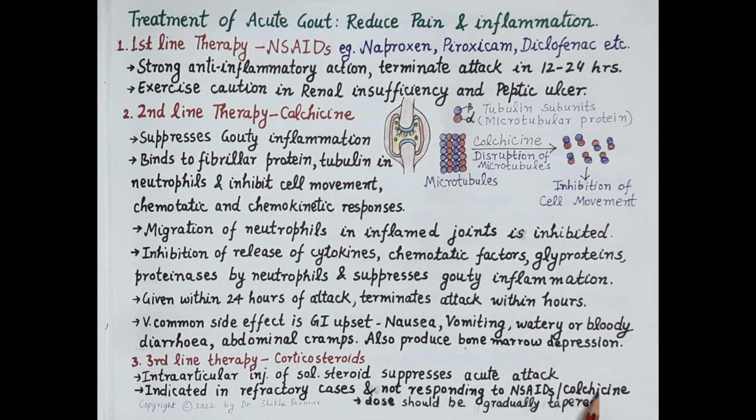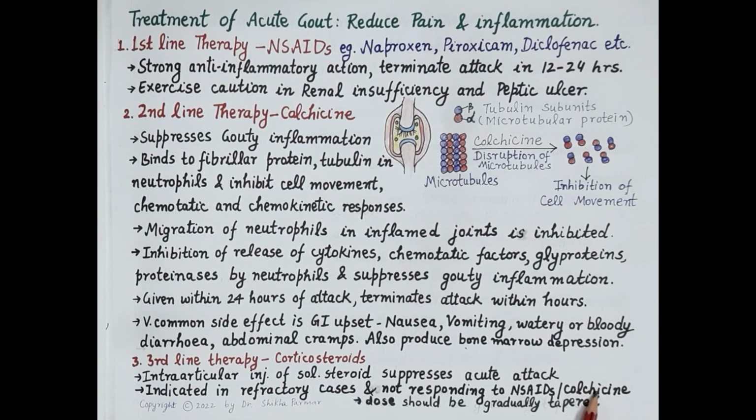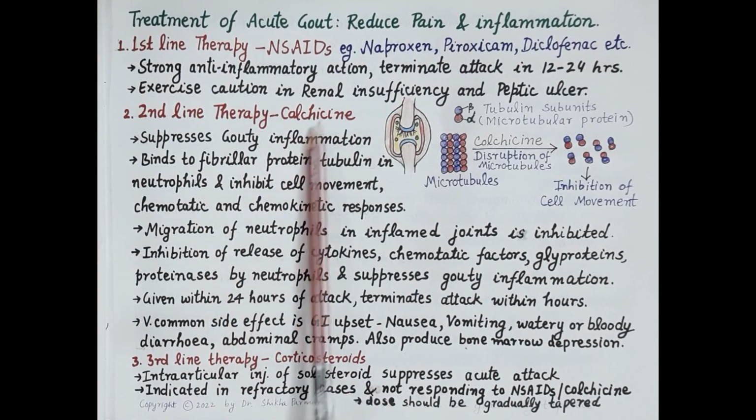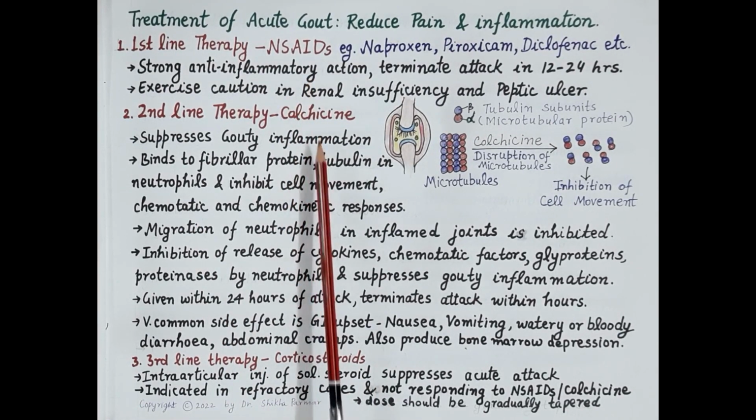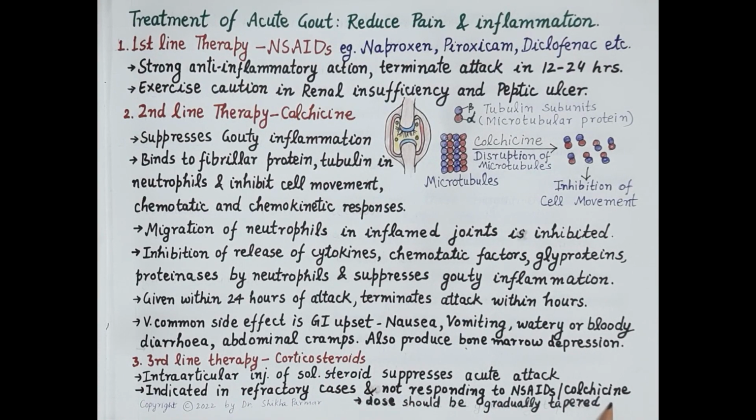Now very important to remember that when steroids are to be stopped, they should be discontinued gradually. So dose should be gradually tapered. So for the treatment of acute gout attack, first line therapy is the NSAIDs, then colchicine, and corticosteroids are used for refractory cases not responding to NSAIDs and colchicine.